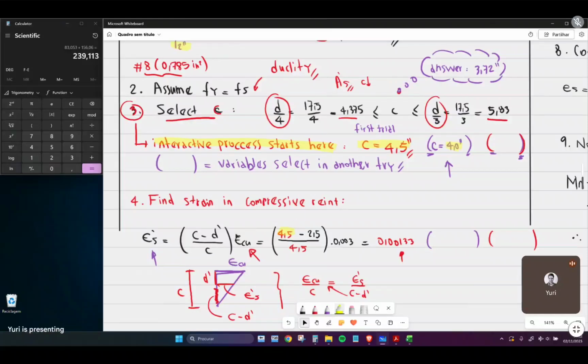All right, so let's calculate the strain in the compression reinforcement. So 4 minus 2.5 divided by 4, times 0.003.